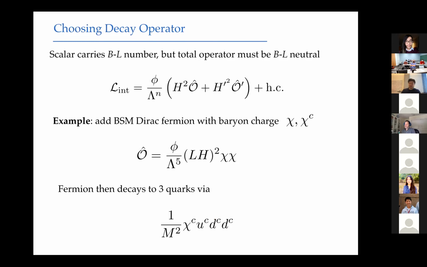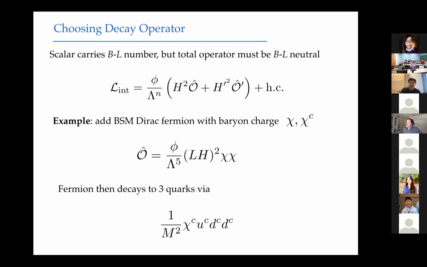And the operator of standard model fields that also gives us the H² dependence can be something like the lepton doublet times the Higgs doublet, which is a gauge neutral object, and we square that. And then we finally give phi B minus L number so that its lepton number is saturated by the lepton doublet and its baryon number is saturated by chi squared.